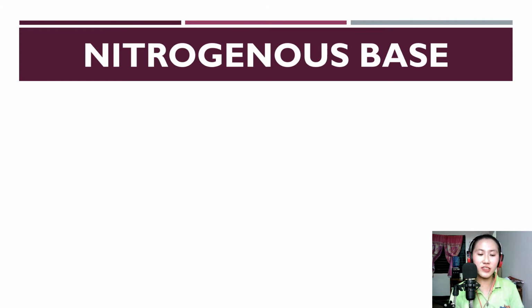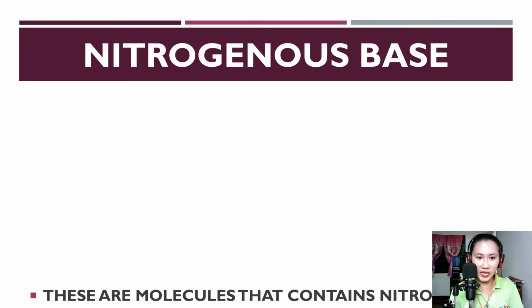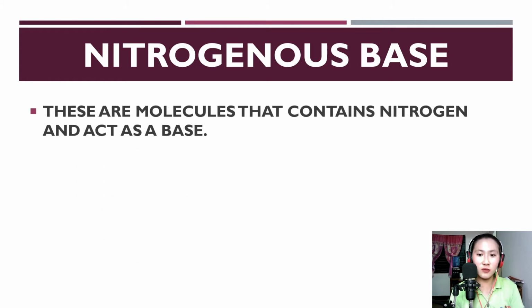Next, we have the nitrogenous base. So these are molecules that contain nitrogen and act as a base. So these molecules are called bases since they can donate electrons to other molecules and form new molecules in the process. Okay?